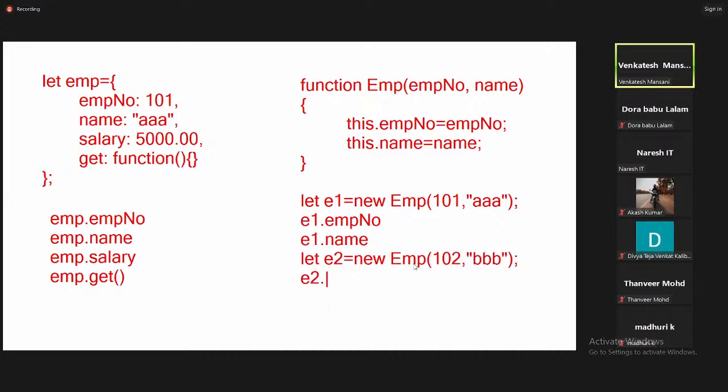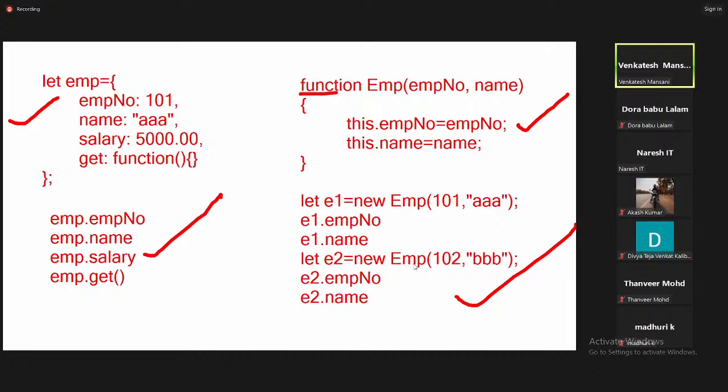Again e2.employeeNumber, e2.name. If the object is created like this, you write like this. This is called a constructor function. Constructor function I taught already.